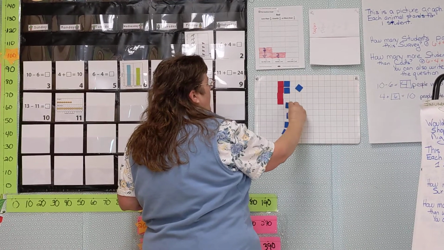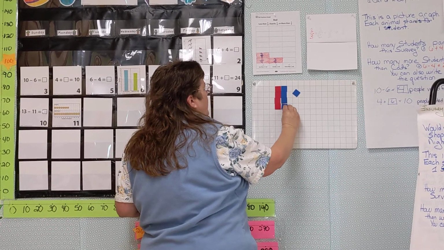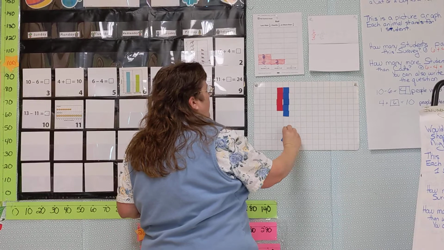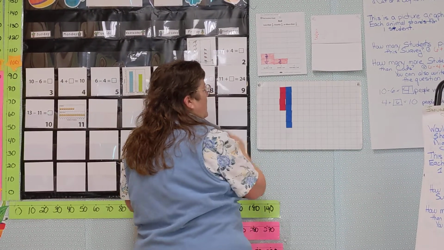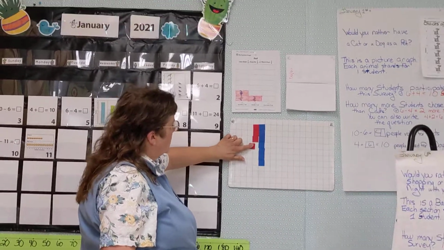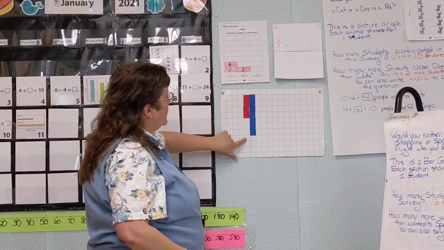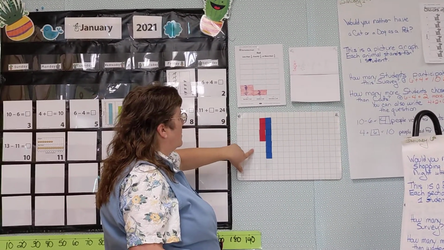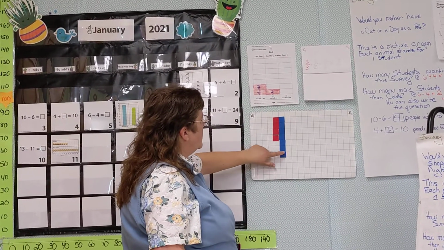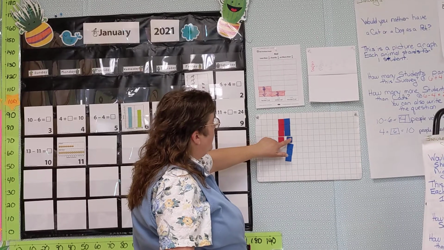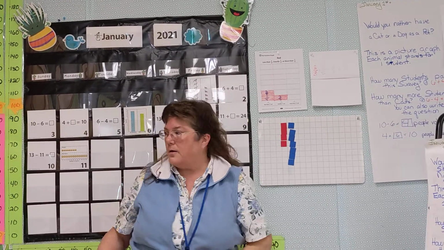So let's line them up. I hope you guys see what I see. That we have less than half. It was pretty close to, if it was 12, then we would have half. But so we have 4 reds and 3, 4, 5, 6, 7 blues.